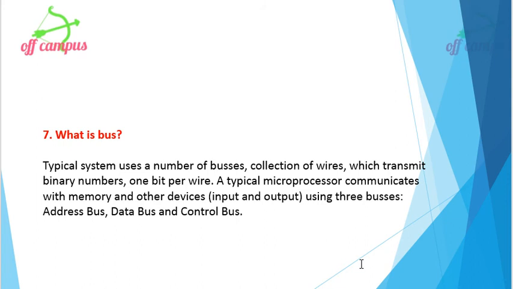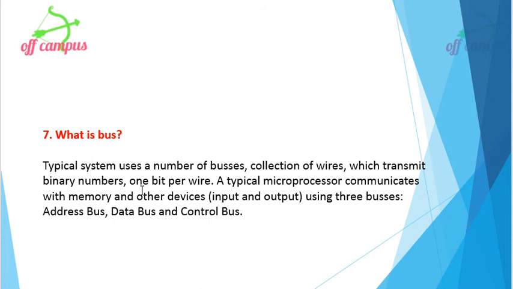Then question number 7, what is a bus? A typical system uses a number of buses. A bus is nothing but a collection of wires which transmit binary numbers, that is 1 bit per wire.